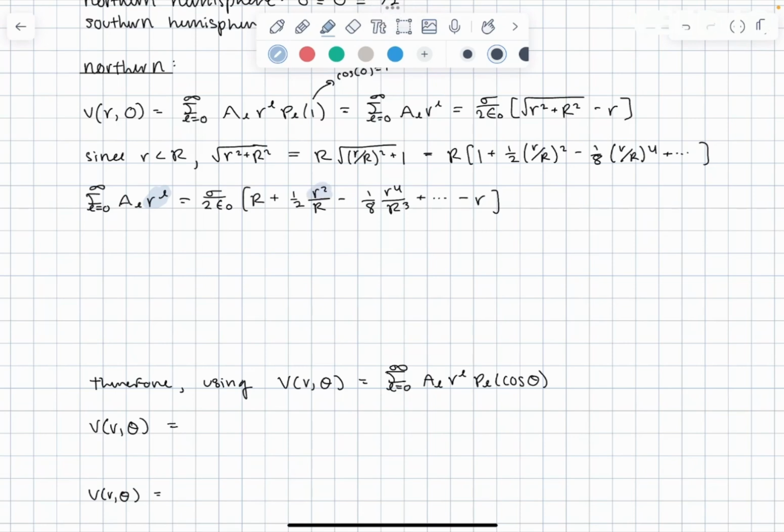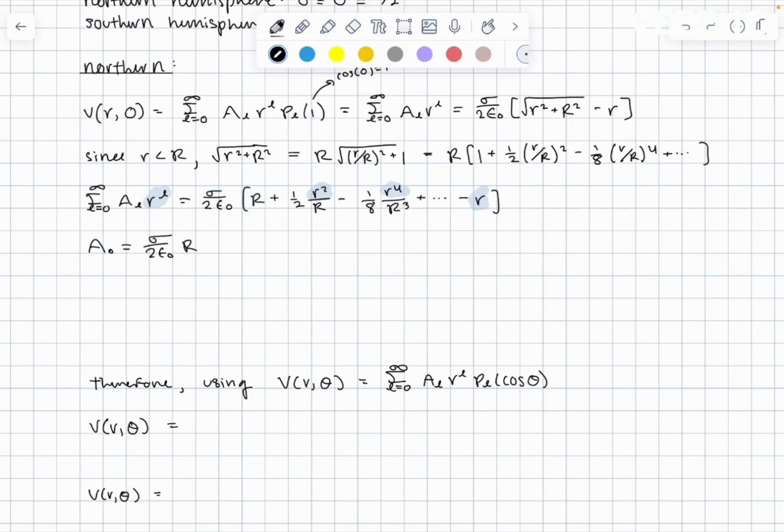So we're just going to compare our powers. All right. So from that, we can just say that a0 is going to be equal to sigma over 2 epsilon naught big R, right? Because this here is the only term when little r is not there.